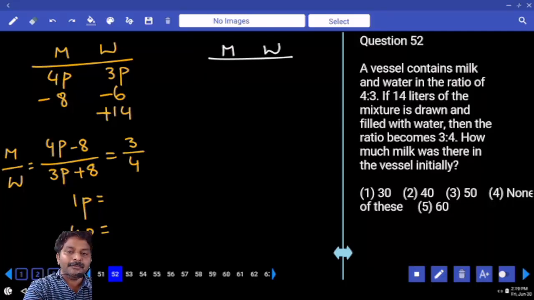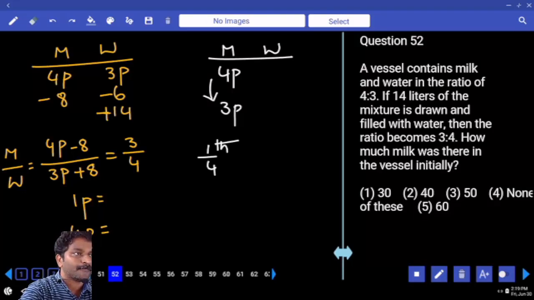So now, milk in the initial container was 4 parts and finally it becomes 3 parts. Correct? That means what fractional part is taken out? 1 part from 4, that means 1/4 is taken out, right?